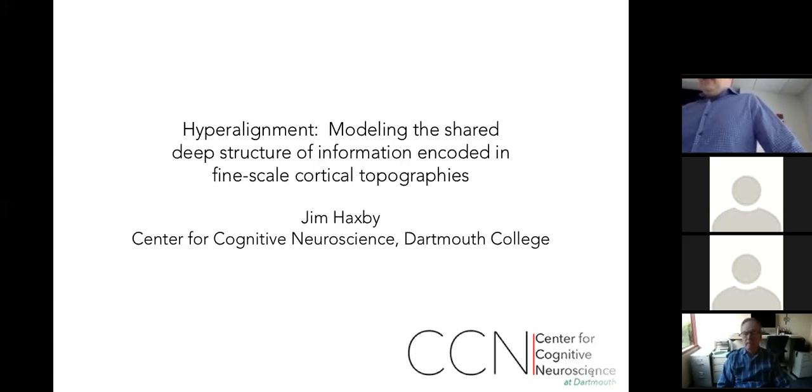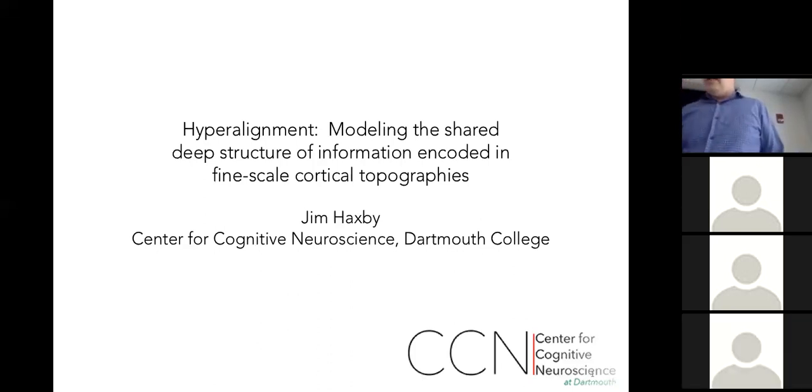And he's now arrived at Dartmouth as Professor of Psychological and Brain Sciences and Director of the Dartmouth Brain Imaging Center. And just as importantly as his scientific contributions, he's been an advocate for open science and making methods that he develops and underlying data available.